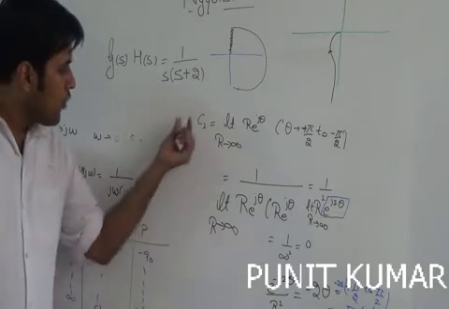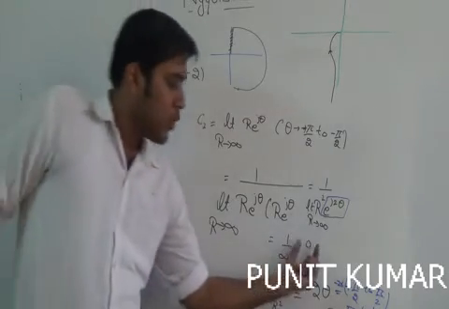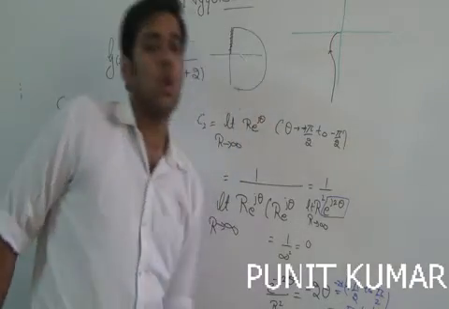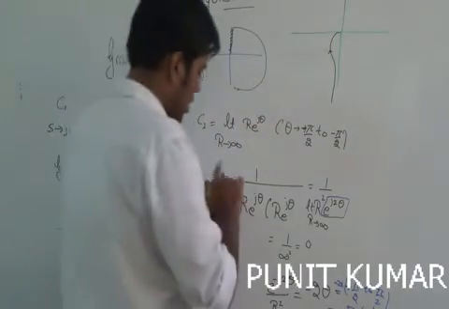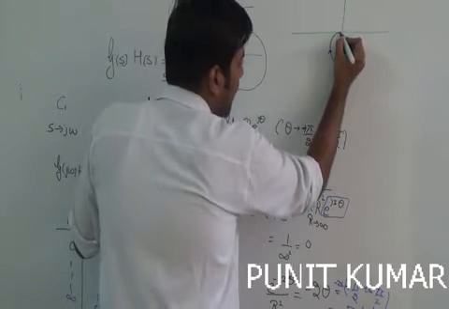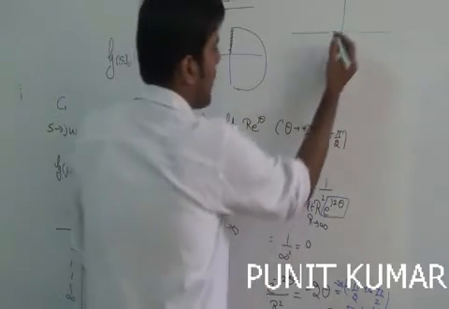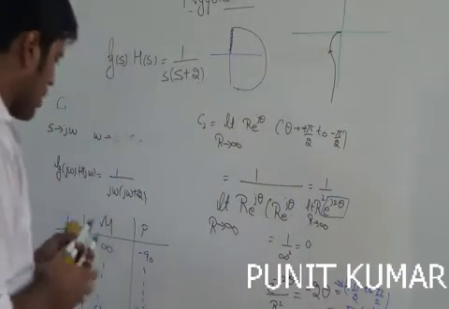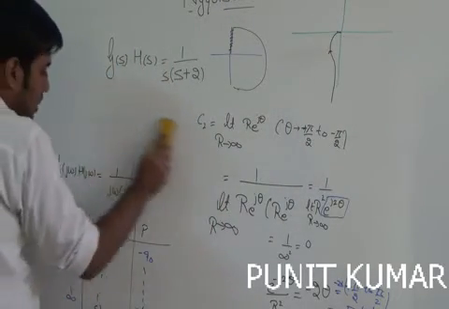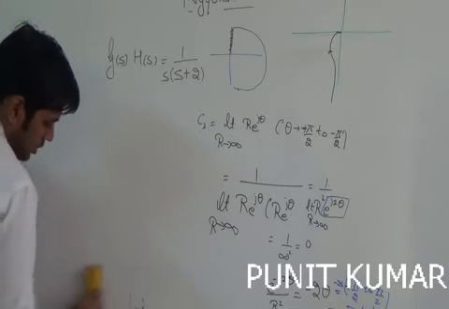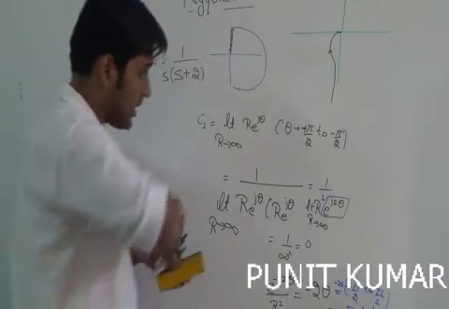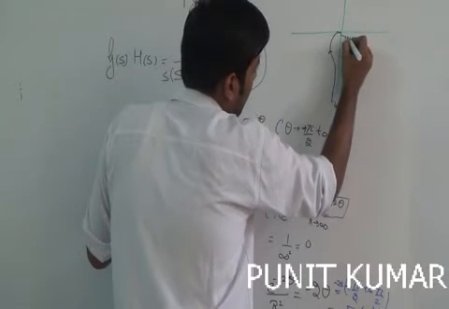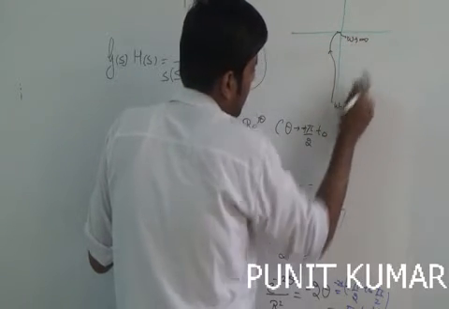Now for C2, magnitude is 0 and phase is changing from minus pi to plus pi. At this point, magnitude is 0 and phase changes from minus pi to plus pi. Now we will do calculation for C3 and then for C4. This was for omega equal to 0, and this was for omega approaching infinity.